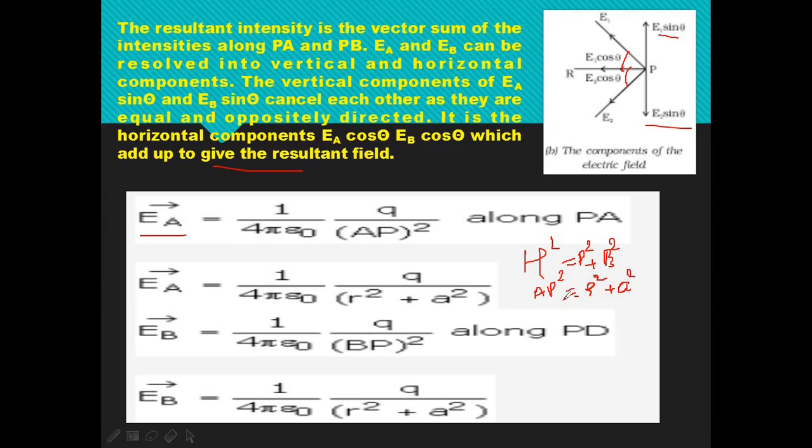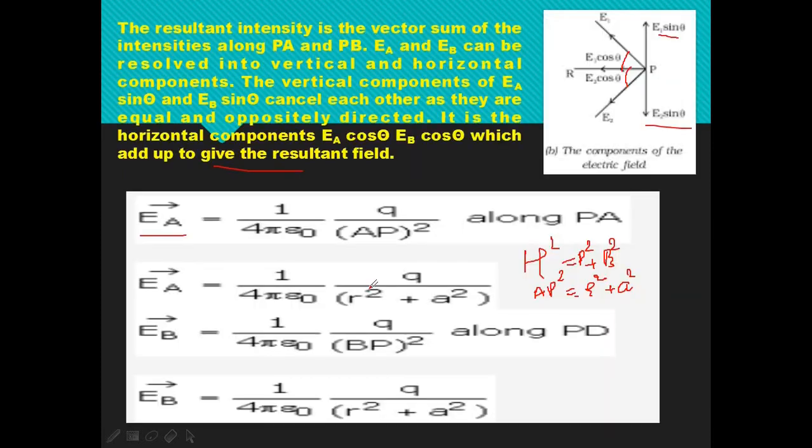Clear? Now AP square is equal to r square plus a square. Putting the value of AP square, the result is EA, the electric field at point A, equal to 1 upon 4 pi epsilon naught times q over r square plus a square. Clear? Now similarly, the electric field at point B is 1 upon 4 pi epsilon naught times q over BP square.